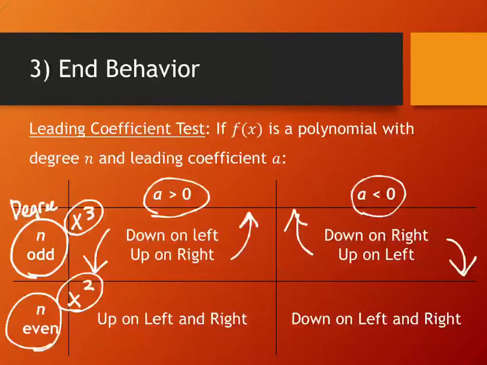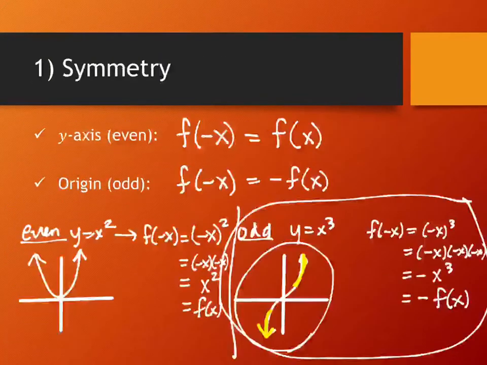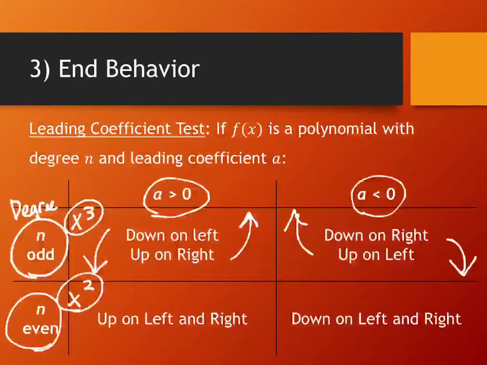Okay? So if the value is positive, like it is on this one, it's positive x squared. They both went upward. So it goes up on the left and up on the right. If the graph had been negative, the parabola would have been opening downward, which would mean it would be pointing down on the left and down on the right.